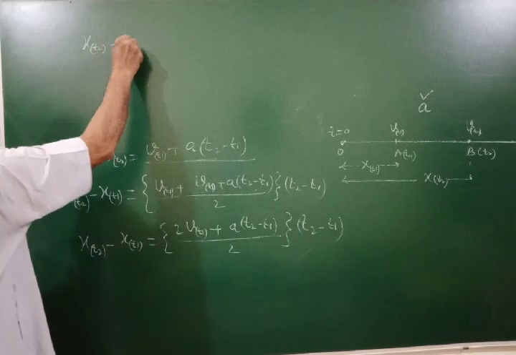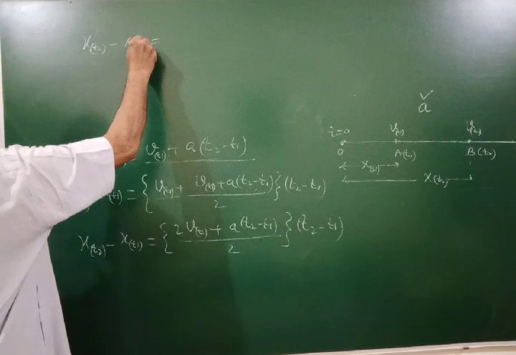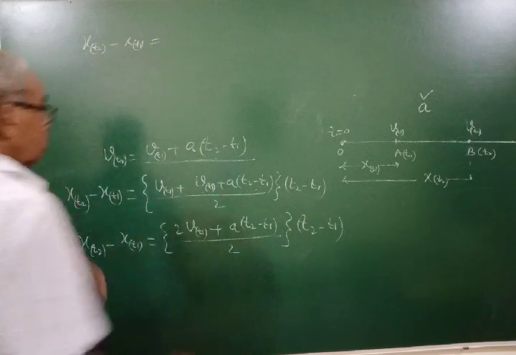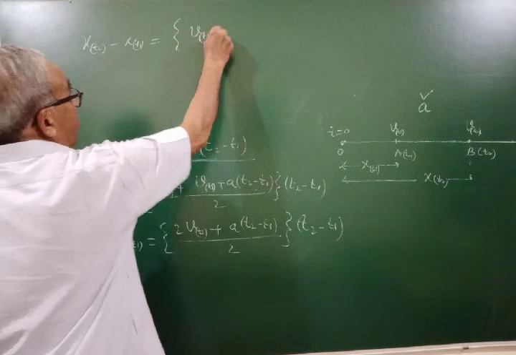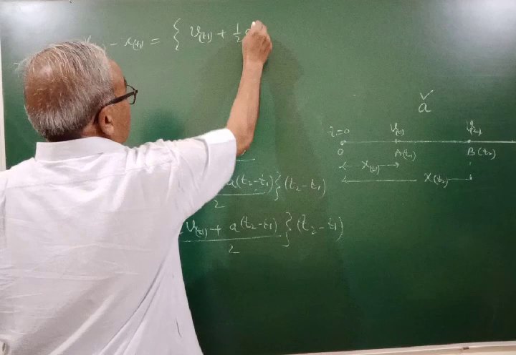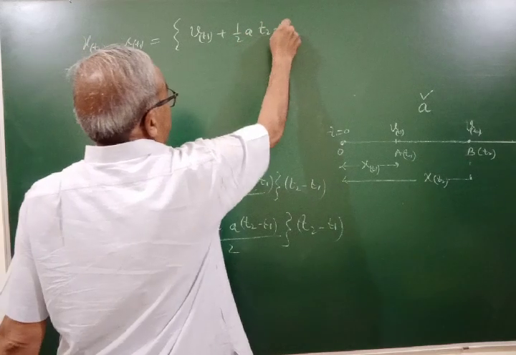xt2 minus xt1 is equal to Vt1 plus half a into (t2 minus t1).